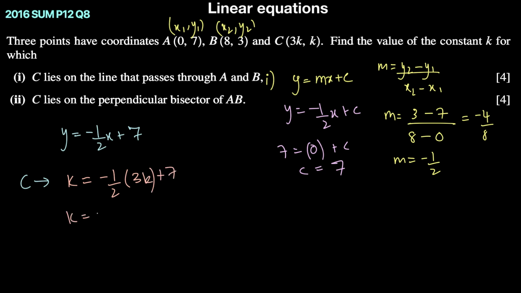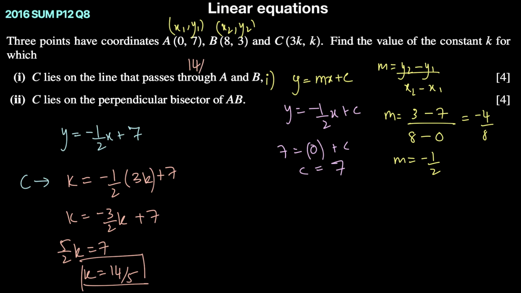That comes out to k is equal to minus 3 over 2 k plus 7. If I add 3 over 2 k on both sides, I get 5 over 2 k is equal to 7. And I multiply by 2 over 5 on both sides to simplify, and I simply get k is equal to 14 over 5. So that's the answer for part 1. k is equal to 14 over 5.